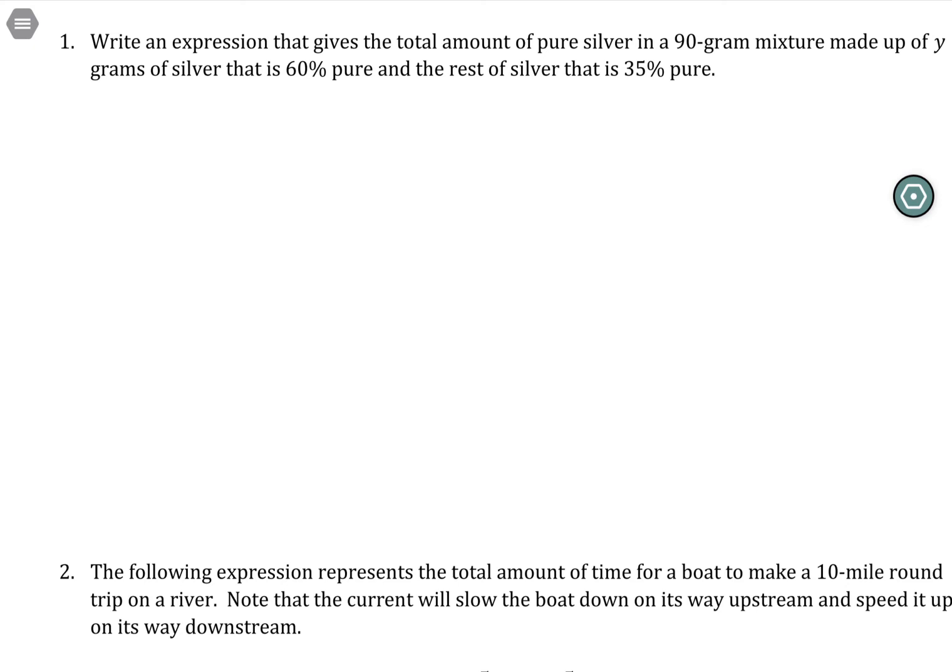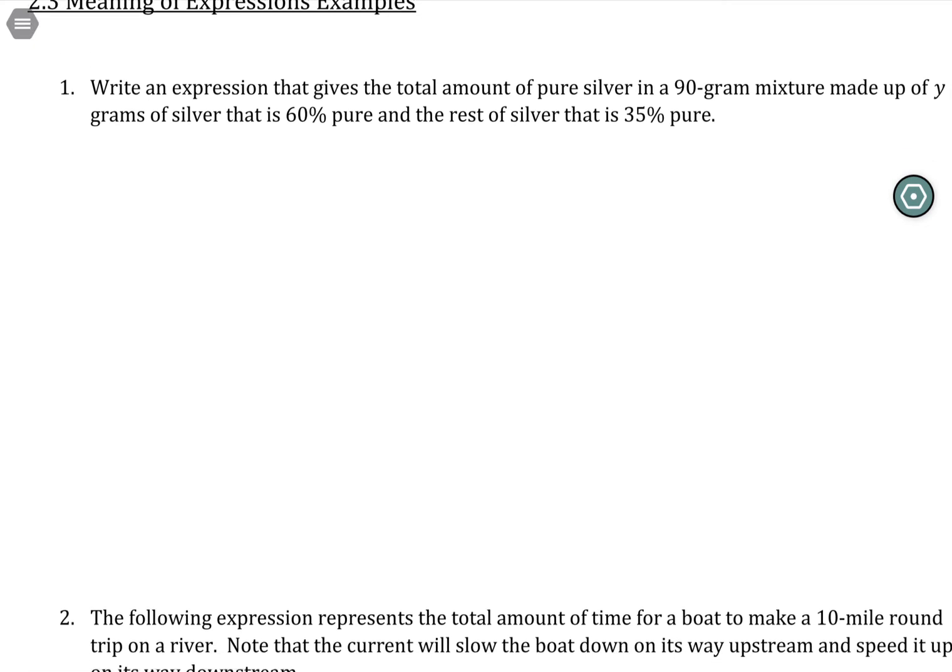So we're just trying to set up an expression right now, and it's supposed to tell us about the amount of pure silver in a 90-gram mixture that's made up of Y grams of silver that is 60% pure, and the rest of the silver is 35% pure.